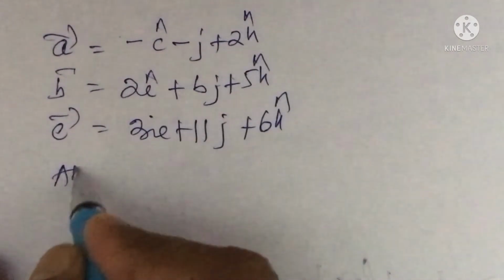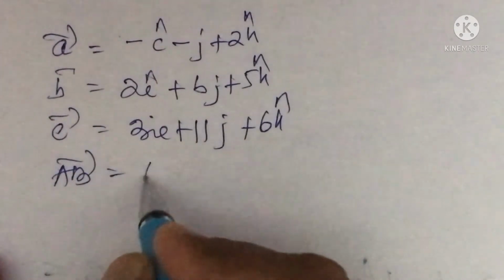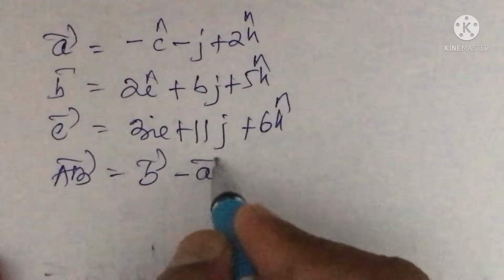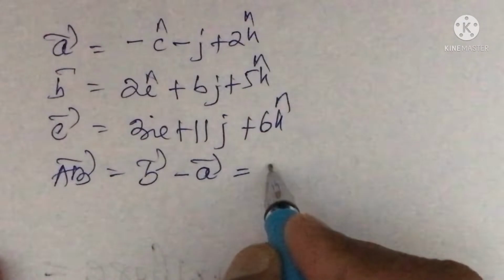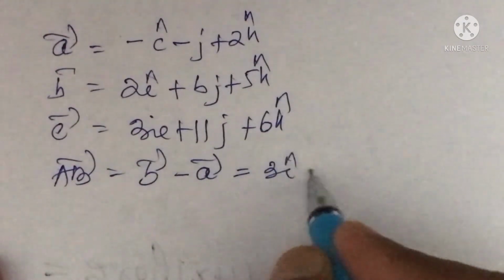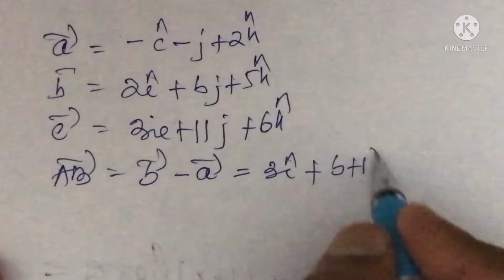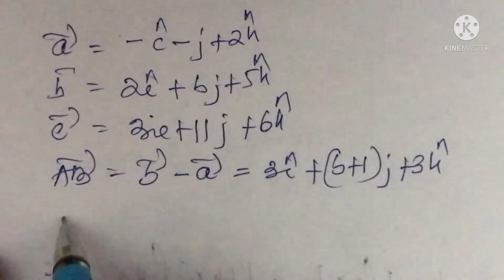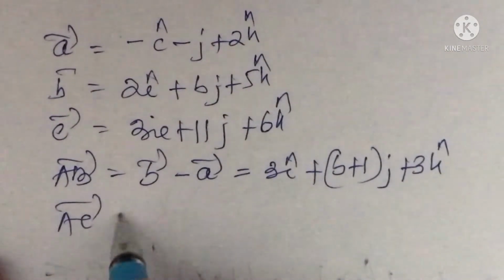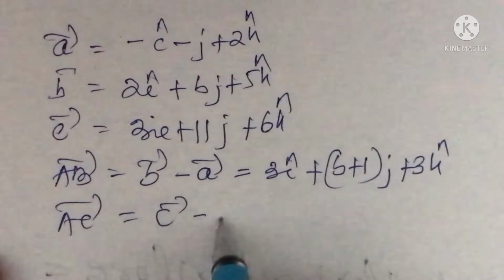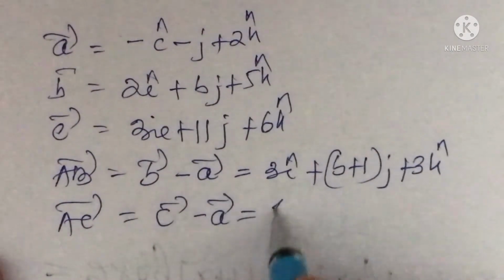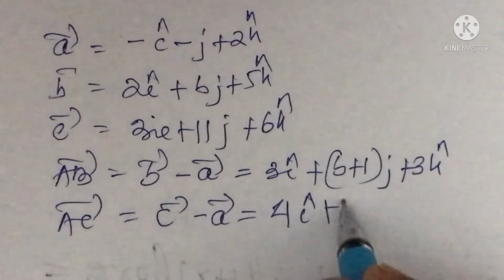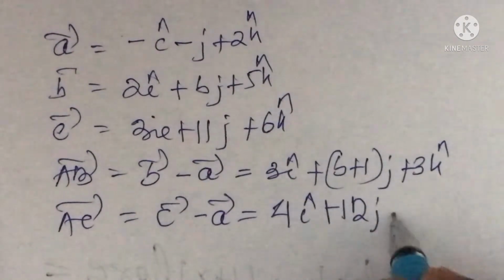Now AB vector is equal to position vector of B minus position vector of A, which is equal to 3i + (b+1)j + 3k. Similarly, AC vector is equal to c minus a vector, which is equal to 4i + 12j + 4k.